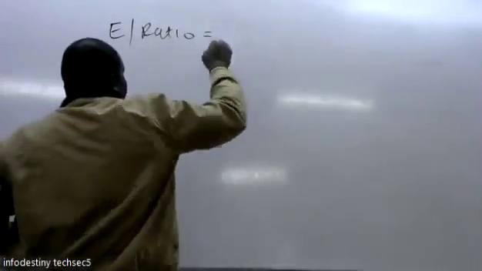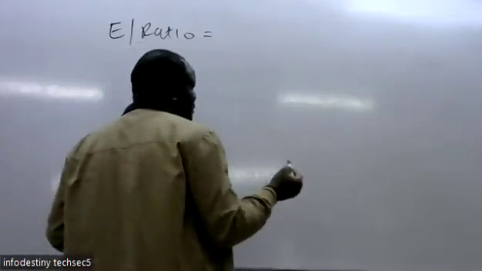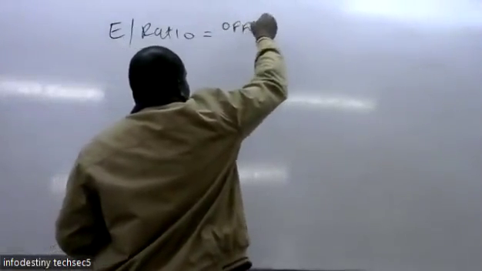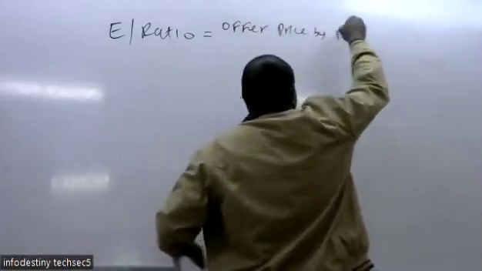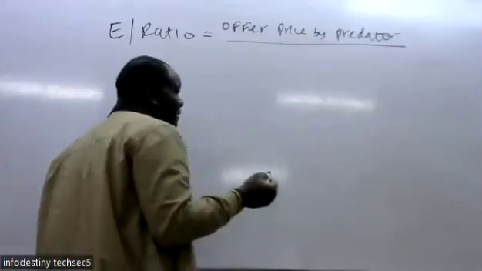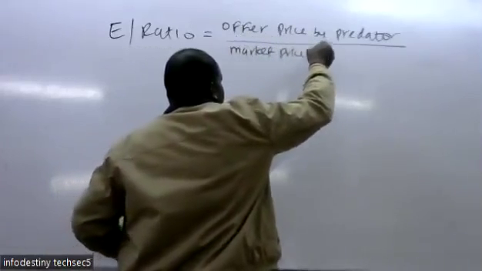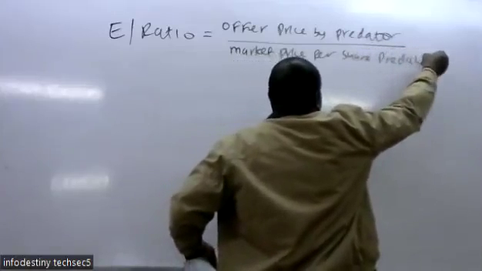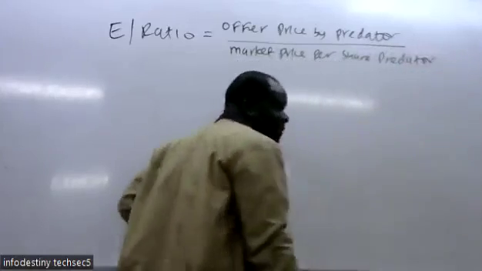The exchange ratio is given by the market offer price of the target, divided by the market price per share of the predator.